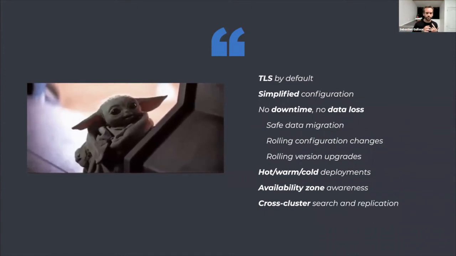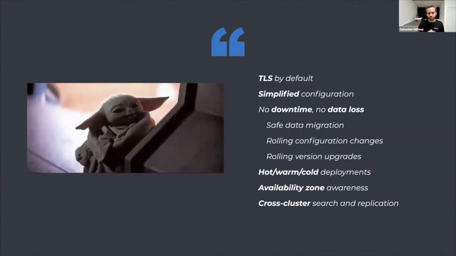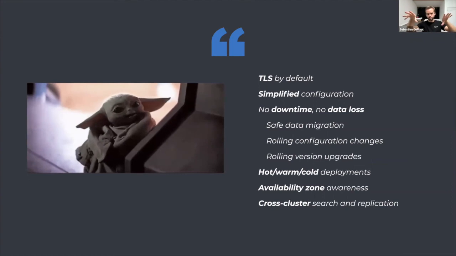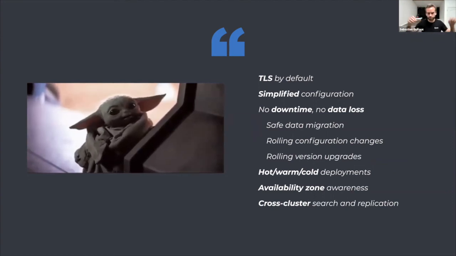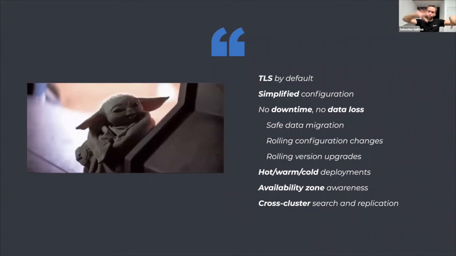It gives you a simplified configuration for Elasticsearch, handles data migration, rolling upgrades, complex topologies. You can also deal with availability zone awareness by reusing the concept of affinity of Kubernetes to deploy your cluster in 3 different zones, for example. And you can also use cross-cluster search and replication for different clusters, maybe running on the same Kubernetes cluster, or maybe having one cluster deployed on-prem, another one on Kubernetes, etc.